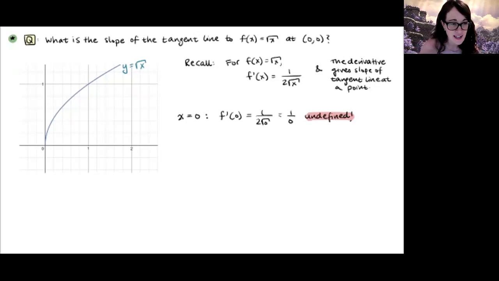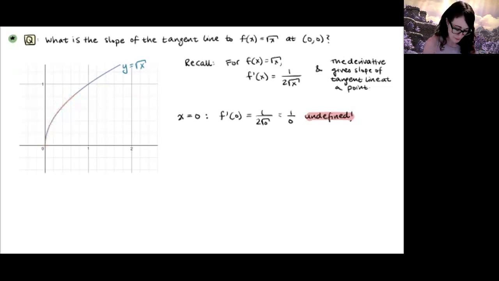It is undefined. If we look at the graph of the function given to us on the left here, what's going on at 0? If we just approach 0, the y values are heading towards 0, but it looks like the graph is getting more and more vertical, or kind of straight up and down.